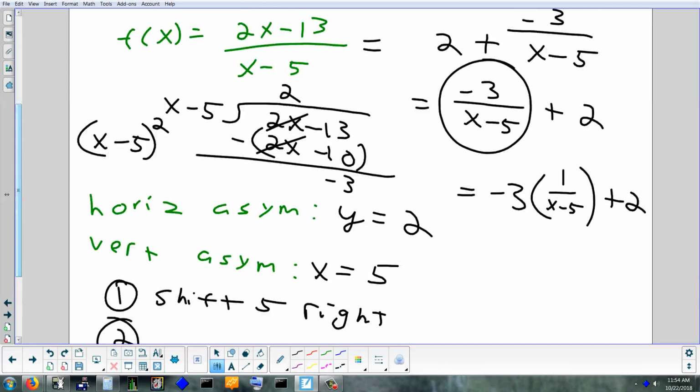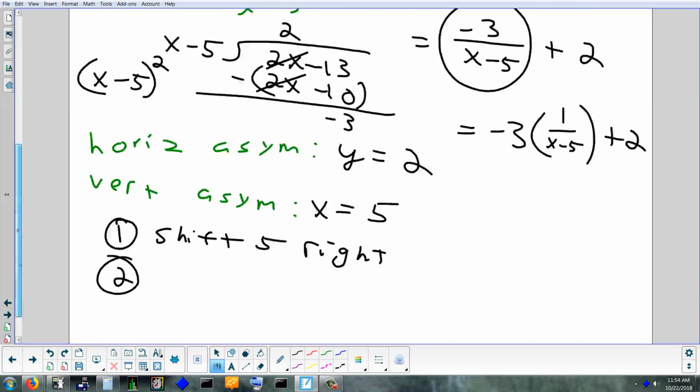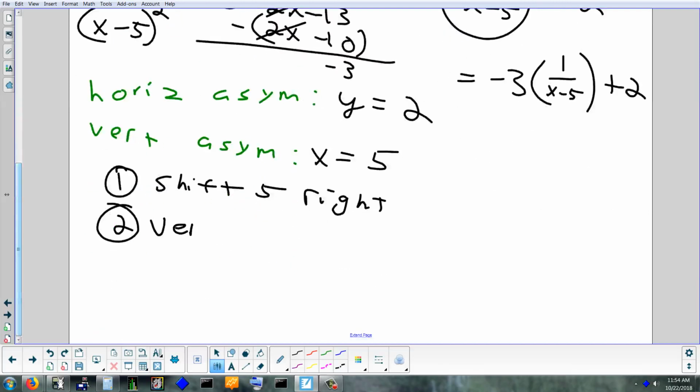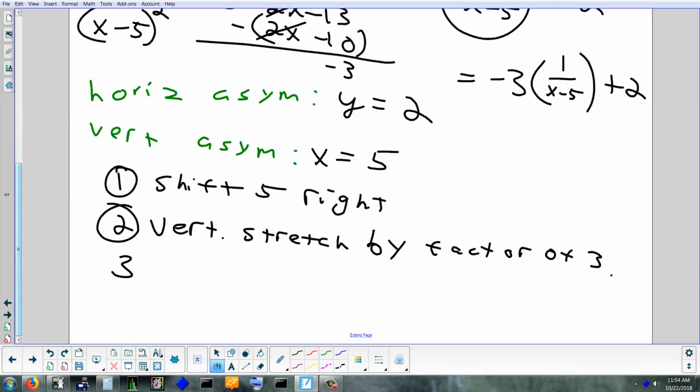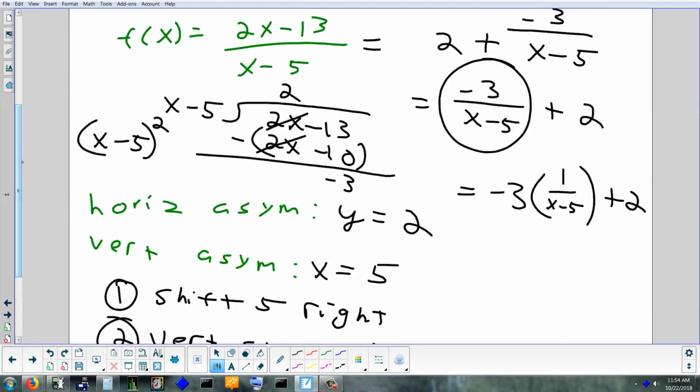Start with the 3. What did I say the 3 is going to do? Yep, so a vertical stretch by a factor of 3. What about the negative? What happens when you put a negative in with the vertical stretch?